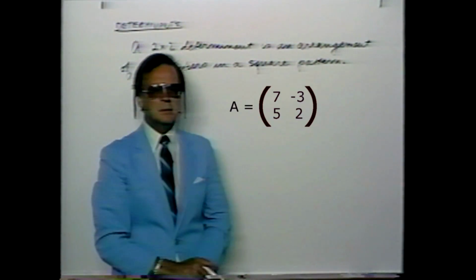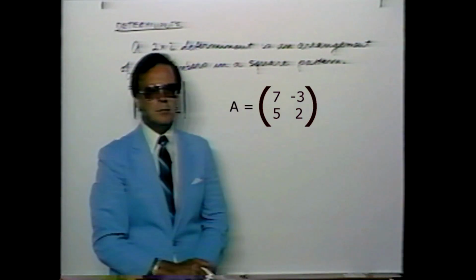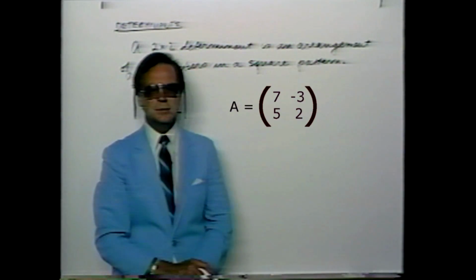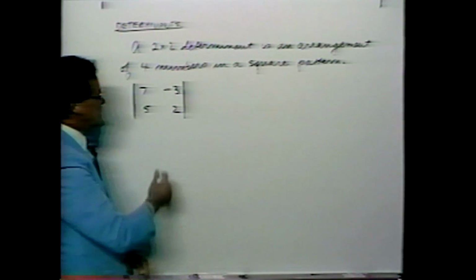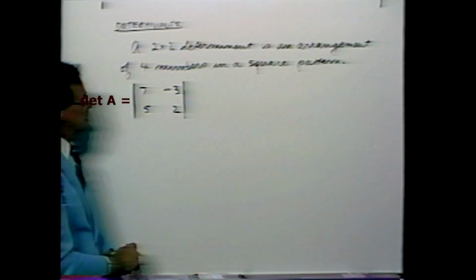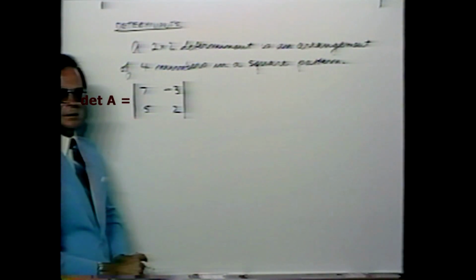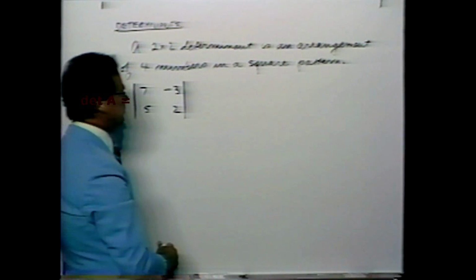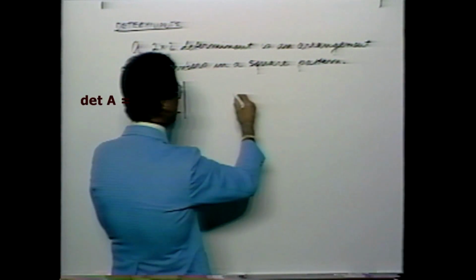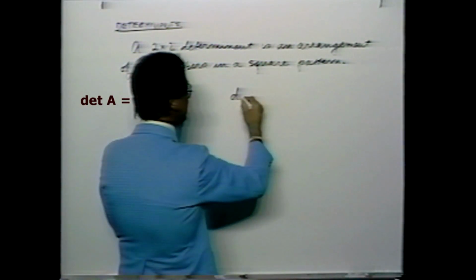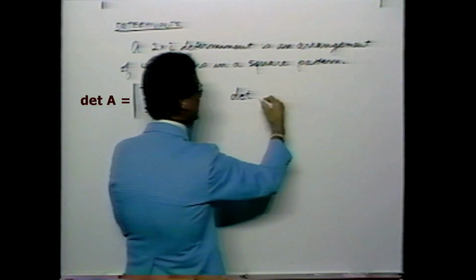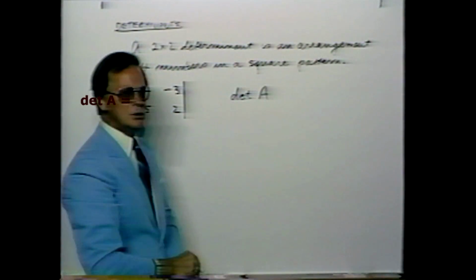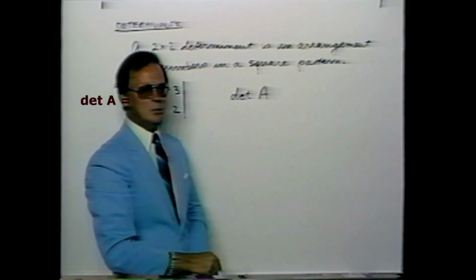There are several symbols for determinants in use in mathematics literature. They are, first of all, the one that you now are looking at. Another symbol that we can use for determinant is simply the letters D, E, T, and some letter like capital A to refer to the square arrangement of 4 numbers.